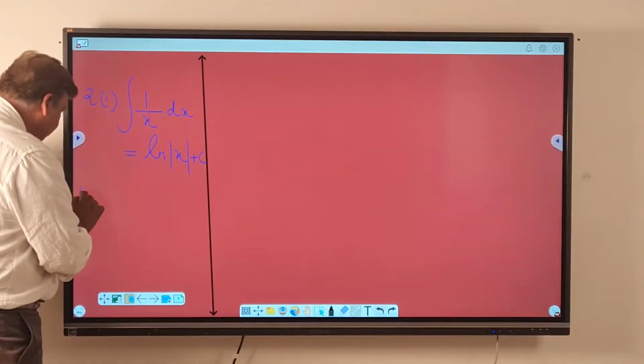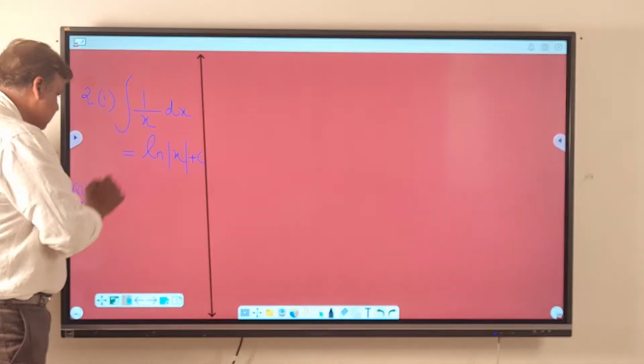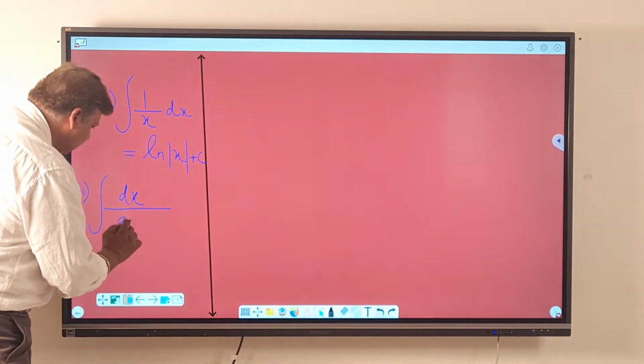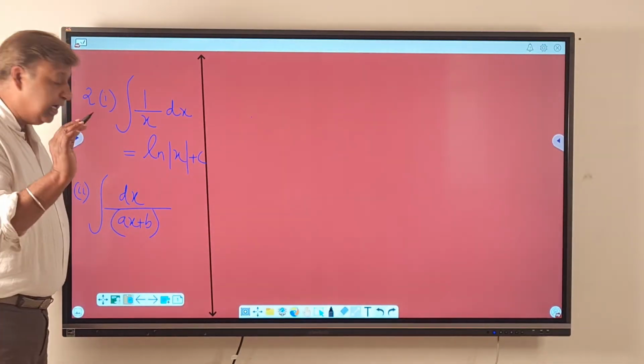In continuation to it, the second formula which I would like to introduce is if instead of x you have a linear in x, that is ax plus b. Please remember, we are focusing only on a linear in x.